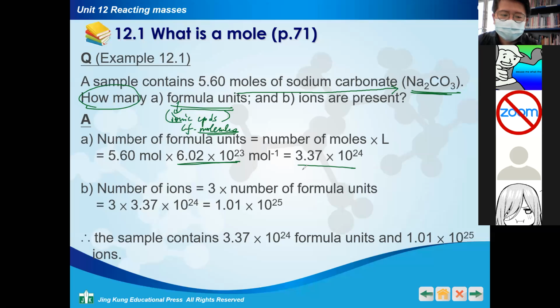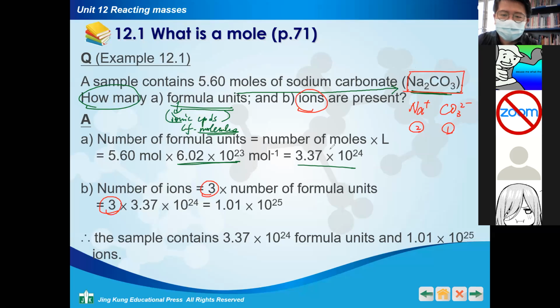If I do it together with the ions, now the case is more complicated. While you see this, you have to split the ions into cations and anions with the respective ratio. Now we have got 2 portions of sodium ion and 1 portion of carbonate ion to make it full. So in short, why is it times 3?